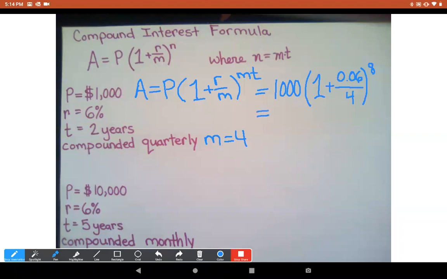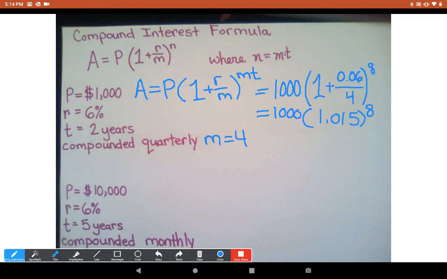Now, what we do is we clean up the inside of the parentheses. So 0.06 divided by 4 plus 1 is 1.015, so we have 1,000 times 1.015 raised to the power 8.